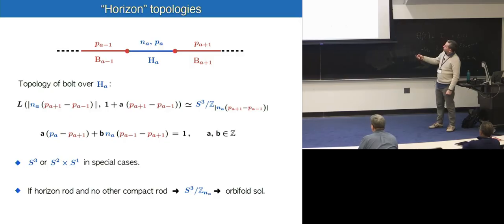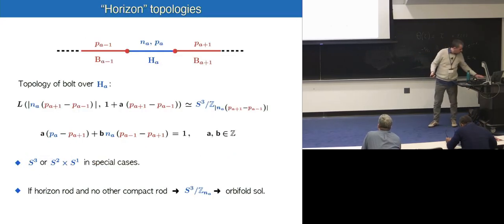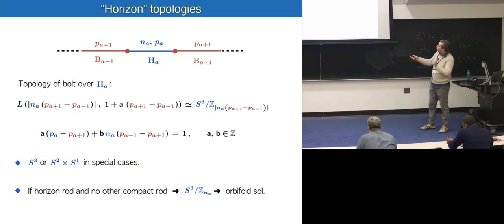But so here I have a horizon rod with two bubbling rods next to each other. So I have these integers here that give me which killing vector is collapsing. So then we studied the topology of these bolts. The topology of this horizon bolt is a lens space topology. So here is the definition of this lens space.